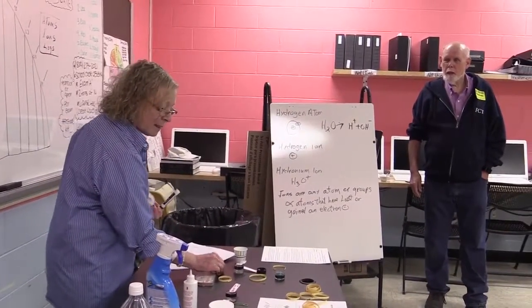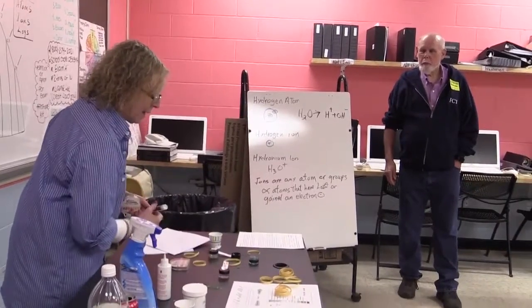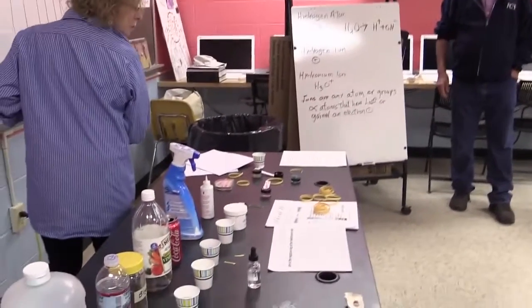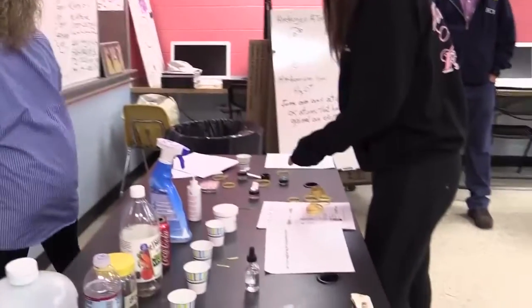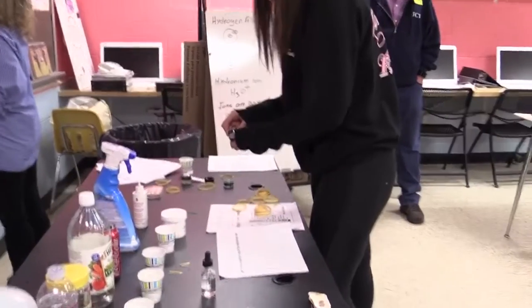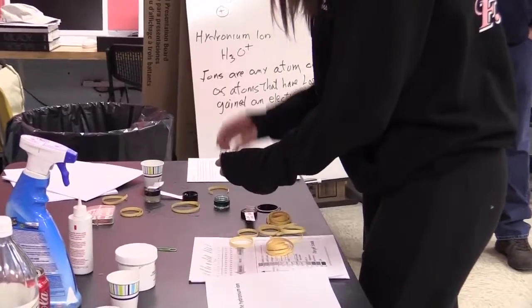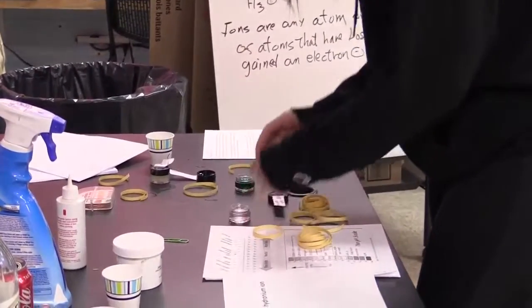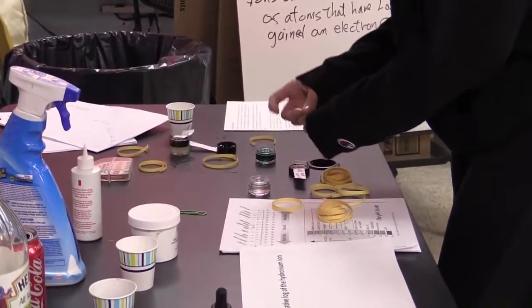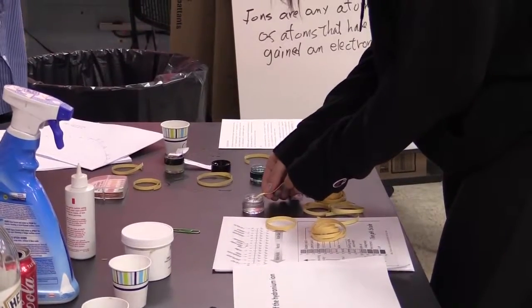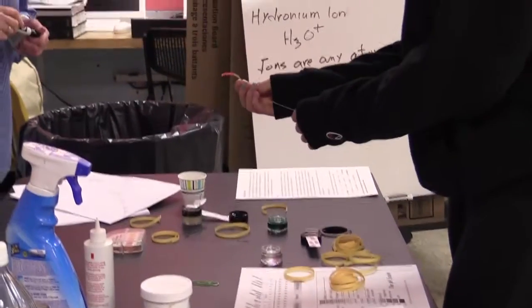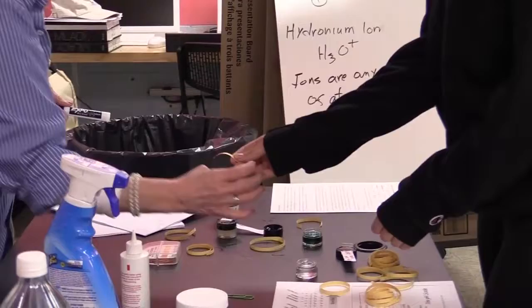All right, Tessa, why don't you come up and test the battery acid? Okay, so this is toilet cleaner way over here. So now she's got the battery acid. Wow, now look how red that is. Remember I was telling you?